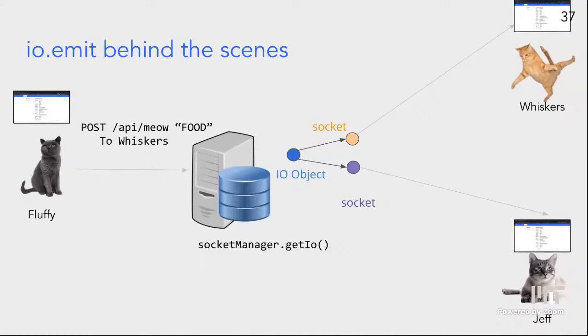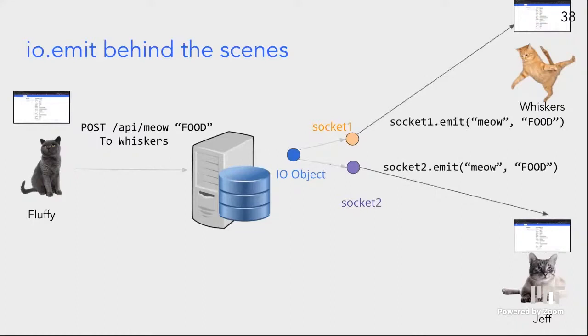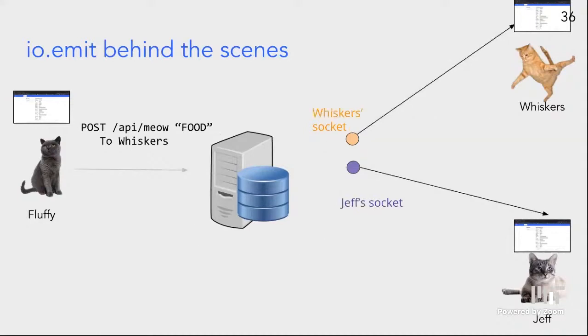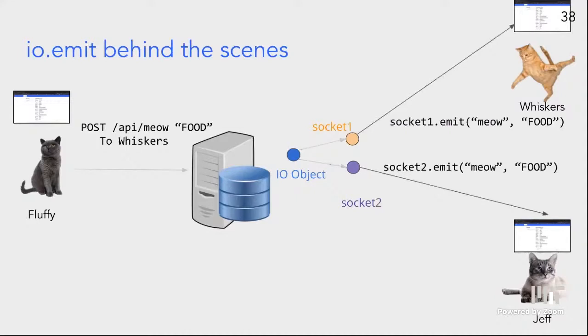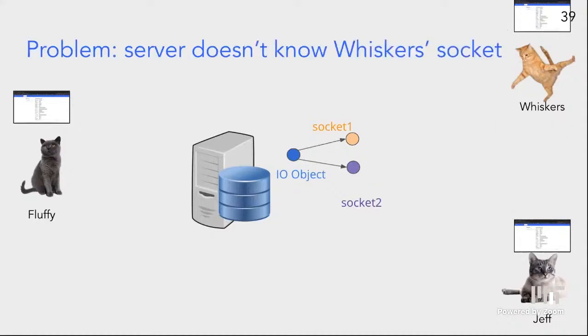The IO object just has a list of sockets, and it doesn't know whose is whose. So these are all some unlabeled sockets. However, when we emit something to socketmanager.getio.emit, it actually calls socket.emit on each of these individual sockets inside this IO object. And again, the problem is that we don't know how to find just Whiskers's socket and not Jeff's.